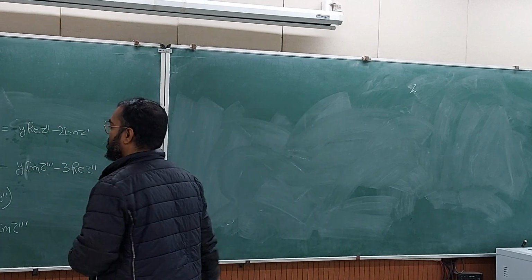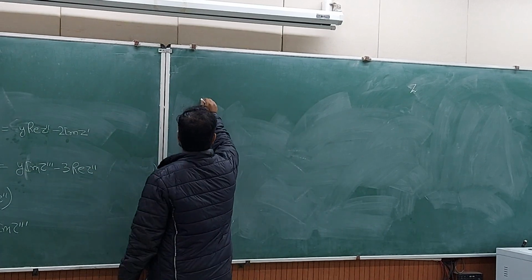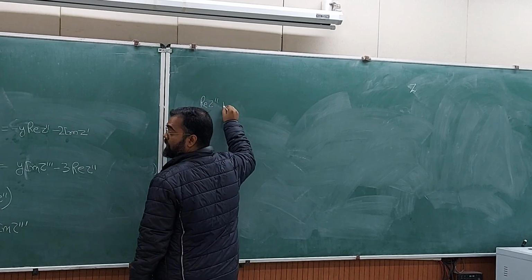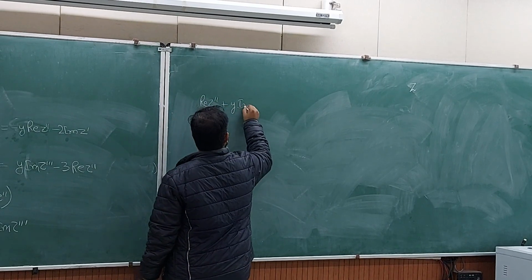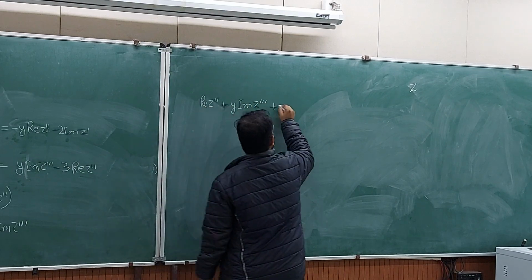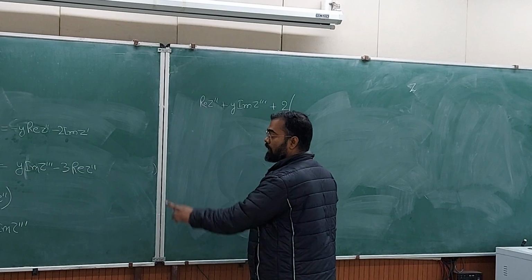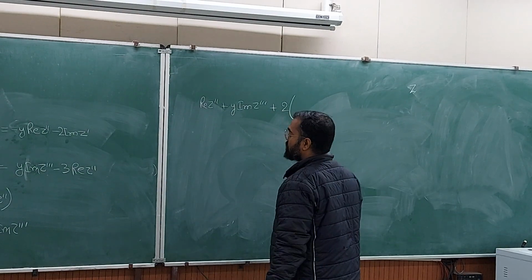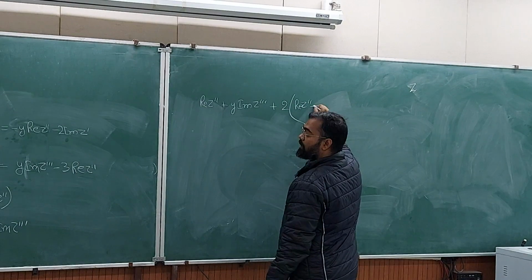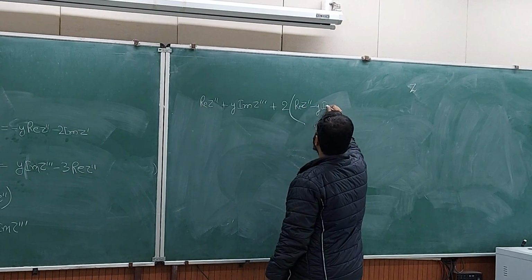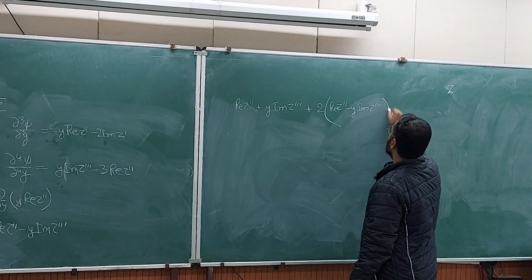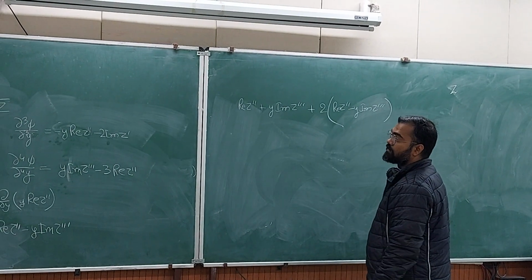So del 4 phi by del x to the power 4 is real part of z double dash plus y imaginary part of z triple dash, plus 2 into, I need this thing, so that is real part of z double dash minus y imaginary part of z triple dash, and what else?